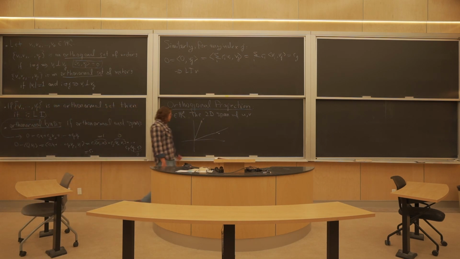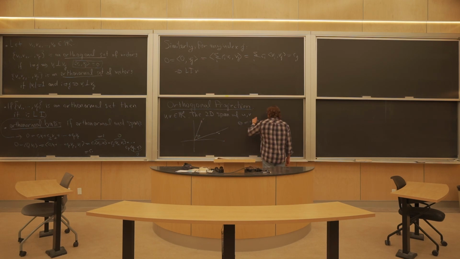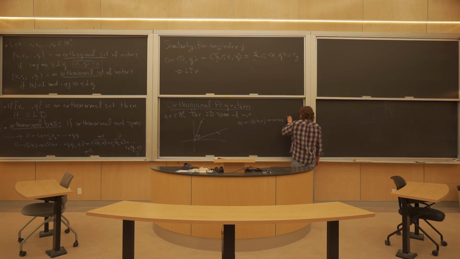Now, if I were to call this angle theta, recall that yesterday we deduced that this angle between u and v really is the arc cosine of u against v divided by u norm v norm. This was what we deduced yesterday.